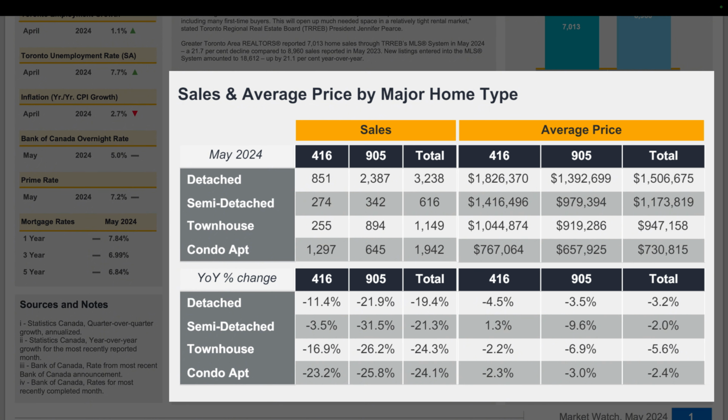Based on the data, there's been a drop of sales, 19.4% for detached, 21.3% for semis, 24.3% for townhouses, and 24.1% for condos. Prices have decreased by 3.2% for detached, 2% for semis, 5.6% for townhouses, and 2.4% for condos.